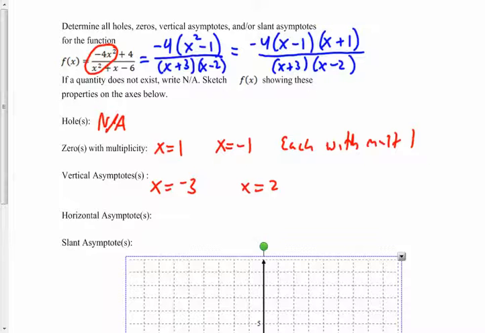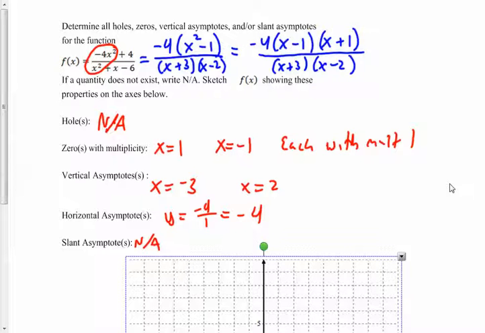In this case, since they're equal, we do not have a slant asymptote, but we have a horizontal asymptote. There are different ways you can find a horizontal asymptote. You can divide every term by the highest power of x squared and see what happens when x is really big. Or you can use the fact that when the degrees are the same, it's going to end up being the ratio of the coefficients. So it's negative 4 over 1. We should have a horizontal asymptote at negative 4.